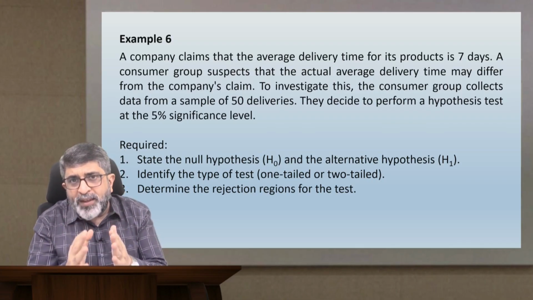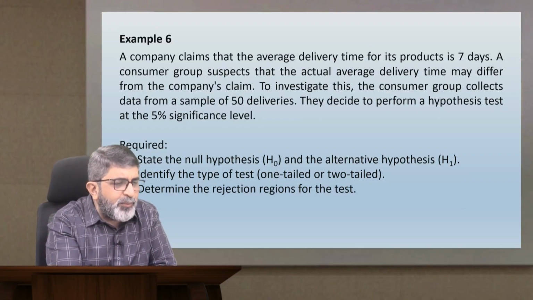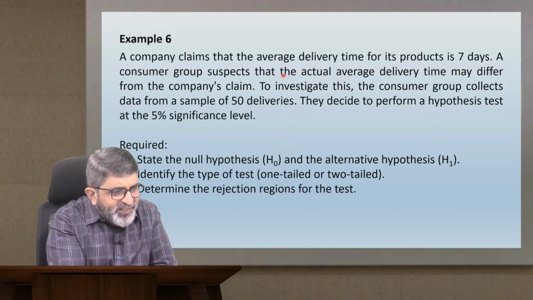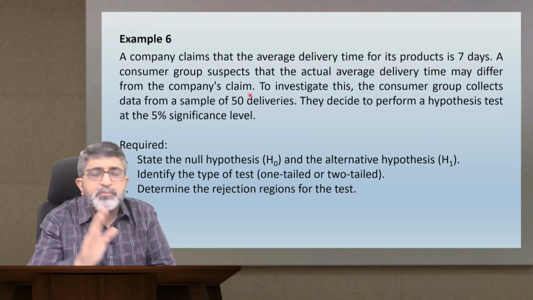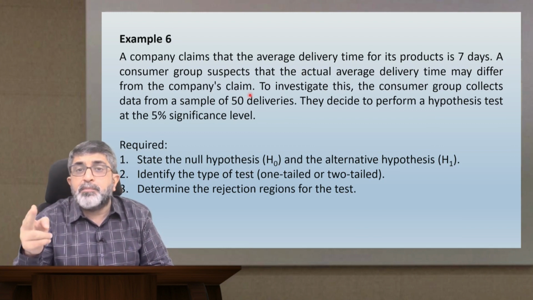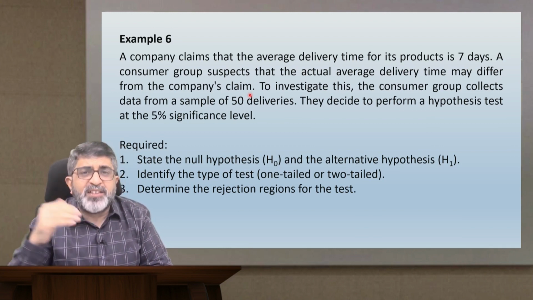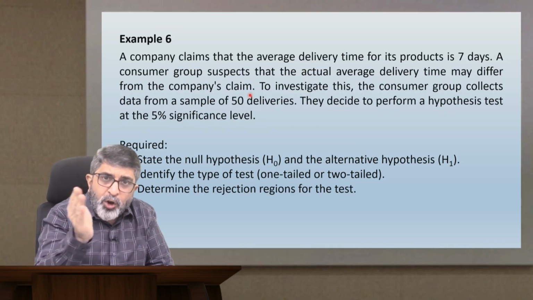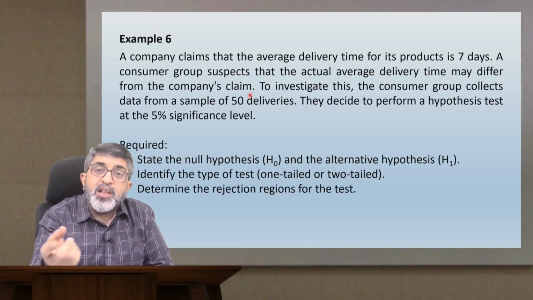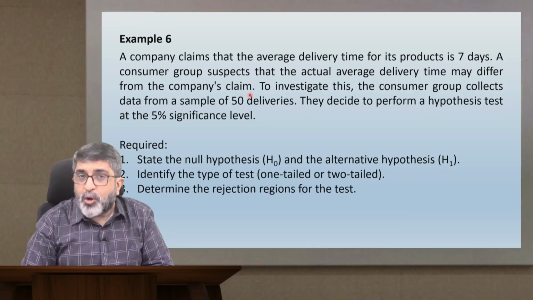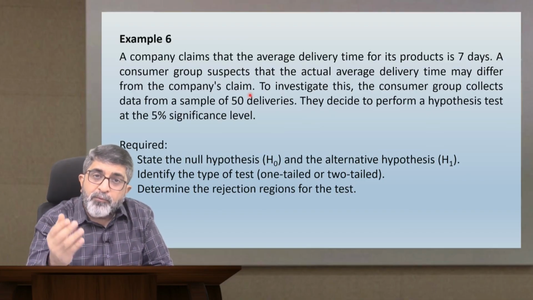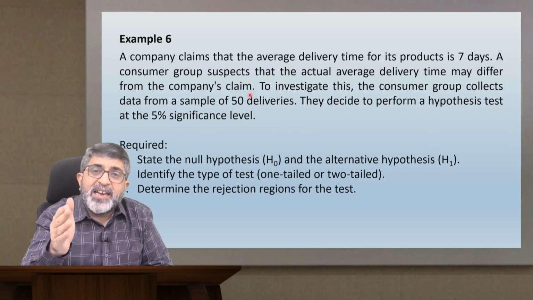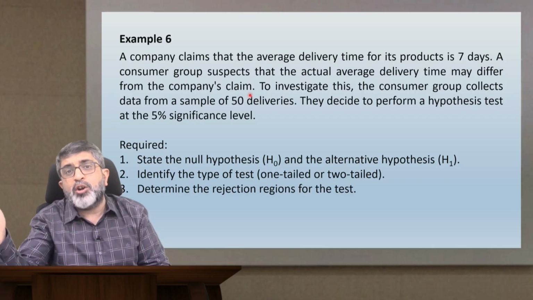You need to always observe the information given in the example. Look at this: a consumer group suspects that the actual average delivery time may differ from the company's claim. Now, differ from the company's claim. Suppose it is on the higher side, 10 days, 11 days, the company's claim will be rejected. If it is on a lower side, say 3 days or 4 days, then also the company's claim will be rejected, because the suspicion is not about whether the days are less than or equal to 7 days or greater than or equal to 7 days.